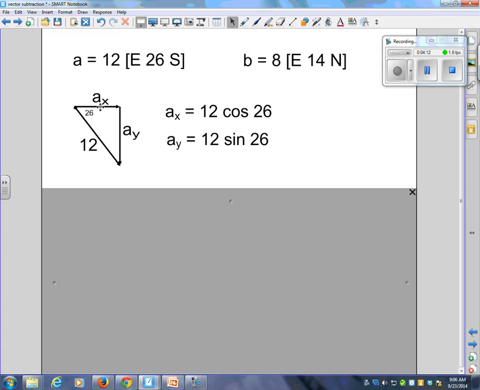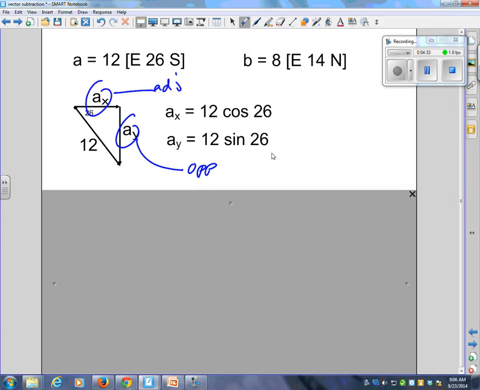There's my AX, there's my AY. AX is 12 cos 26. Why is it cos? Because the X is adjacent. And why is the Y the sine? Because the Y is opposite the angle. So calculate your AX and your AY. Do I have those? No, I don't.